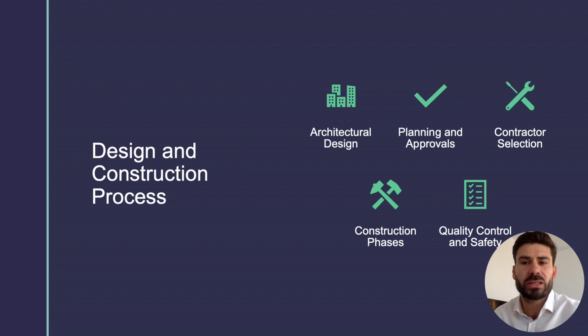Selecting the right contractor is critical for staying on budget and on schedule. Construction typically happens in phases, from site preparation and groundworks to structural works and finishing touches. Throughout this process, quality control and safety are paramount to avoid costly delays and ensure the project meets the required standards.